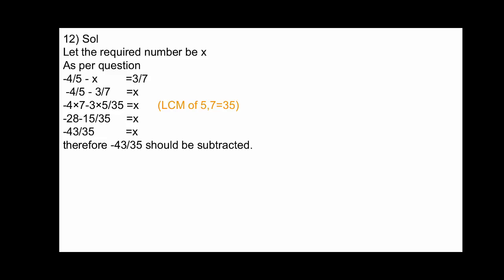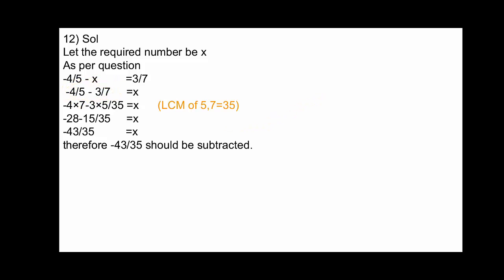Number 12, let the other number be x. As per question, minus 4 divided by 5 minus x is equal to minus 3 divided by 7. X, send it this side, it will be positive, and 4 by 5 send it this side, it will be minus 3 by 7. Now the LCM of the denominator is 35, 7 and 5.